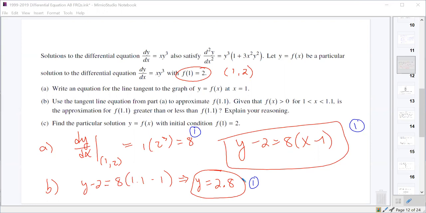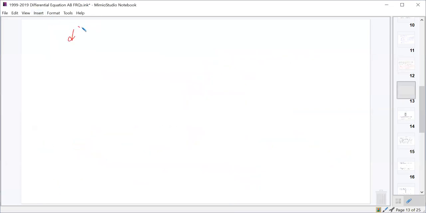Then it says, given that the function is positive from 1 to 1.1, is our approximation greater than or less than f of 1.1? So in order to figure that out, we've got to talk about the second derivative. So we're going to look at the second derivative at the point 1, 2.